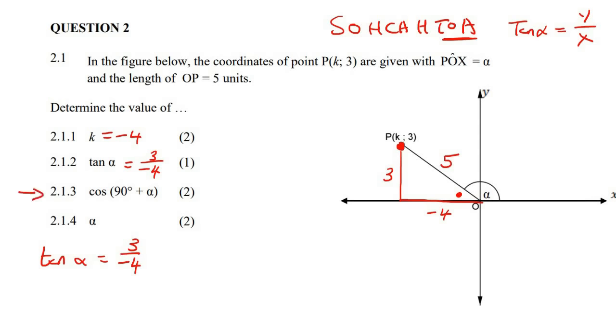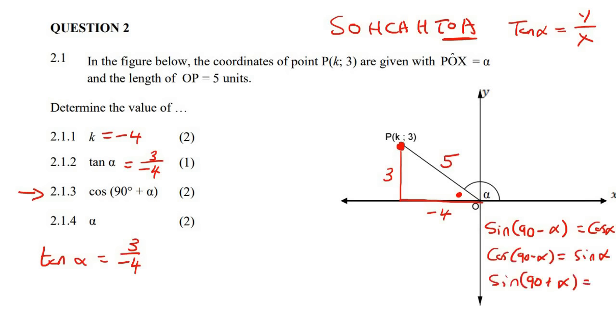Now, when you get something like this, just think of your 4 co-functions. We know that sin of 90 minus alpha is cos. Cos of 90 minus alpha is sin. Sin of 90 plus alpha is cos. And then cos of 90 plus alpha is negative sin.